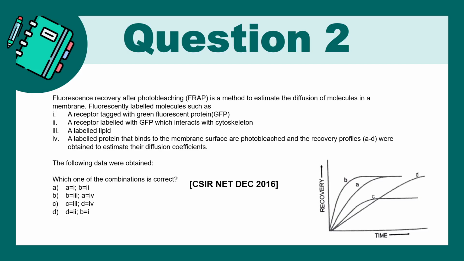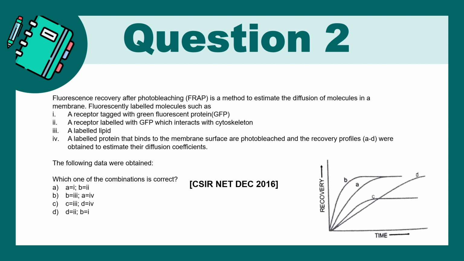Question number 2 is for you guys. This is in CSIR December 2016, in part C. They say fluorescence recovery after photobleaching is a method to estimate diffusion of a molecule in the membrane. Fluorescently labeled molecules such as a receptor tagged with green fluorescent protein, a receptor labeled with GFP which interacts with the cytoskeleton, a labeled lipid, and a labeled protein that binds to the membrane surface are photobleached.